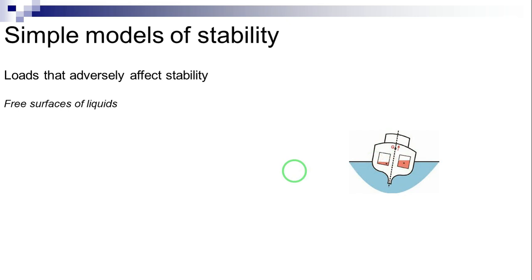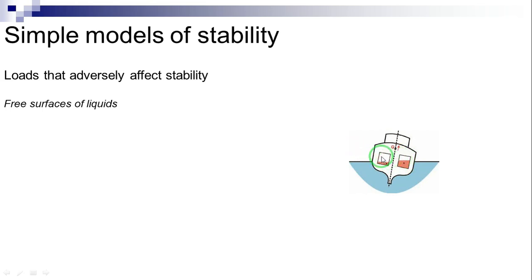Tanks cannot be filled to the top. Liquids can have large thermal expansion coefficients, and space must be provided to accommodate their expansion. Otherwise, unbearable pressure forces may develop. In conclusion, almost all vessels carry liquids that can move to a certain extent, thus endangering the ship's stability.